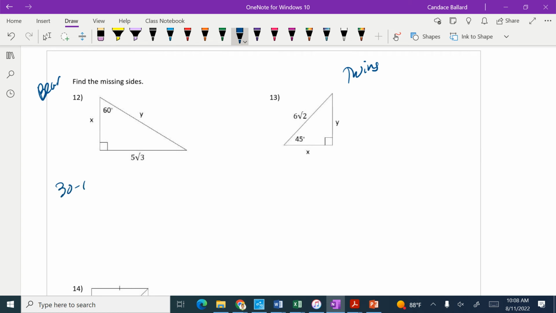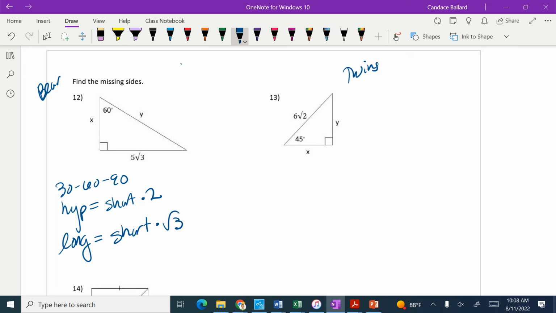All right. So 30-60-90. We have the hypotenuse formula and a long leg formula. The hypotenuse is the short leg times 2. The long leg is the short leg times square root of 3.